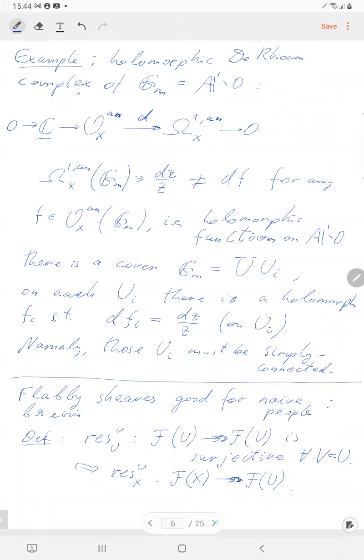And then for these sheaves, the surjectivity is true in the naive sense, in the most naive sense.